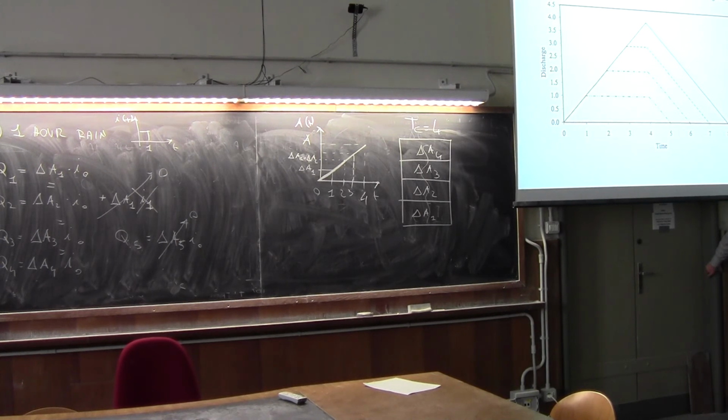Now, the third case is similar. You just have the peak flow that is 3 times that of the first case, and the base time that is now 7 hours. Good.